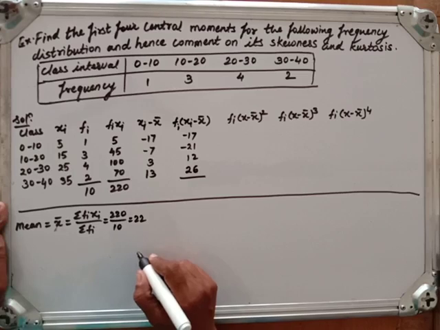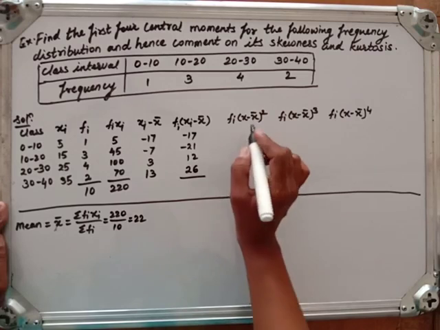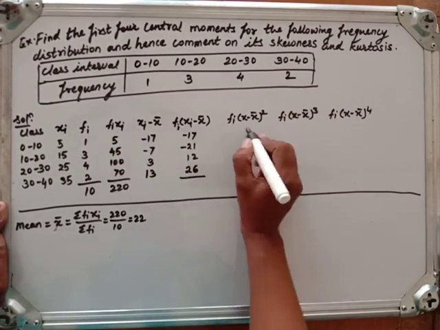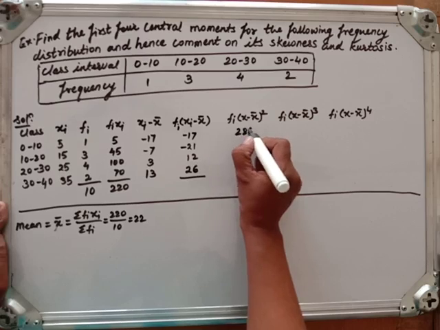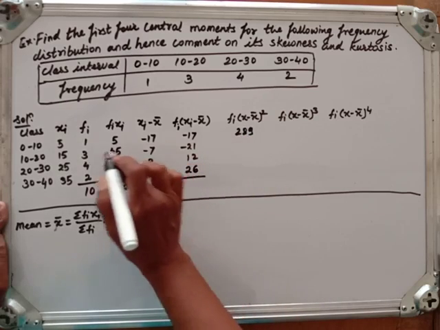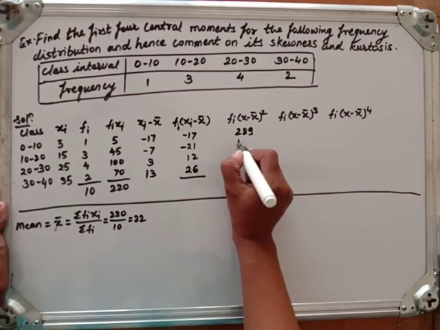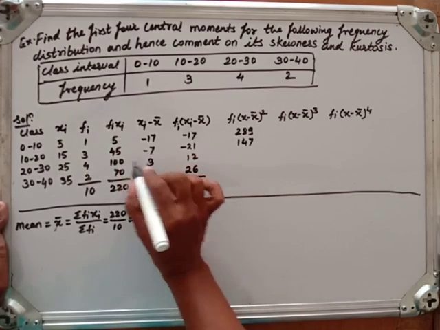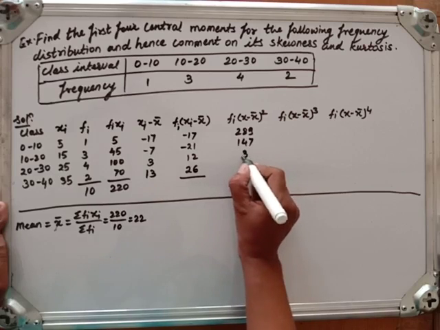Now the next one will be the square of this term into fi. So it is 289, this is 49 into 3, so that will be 147. This is 9 into 4, so 36.